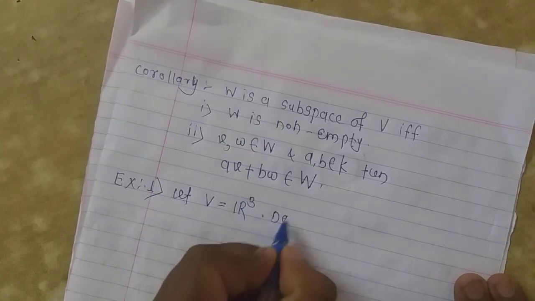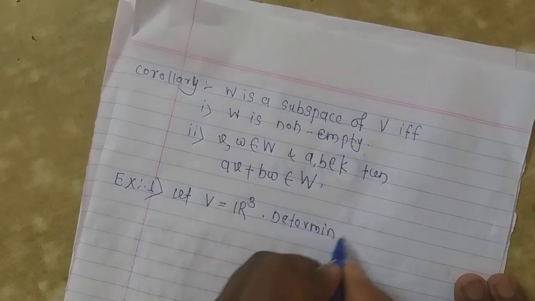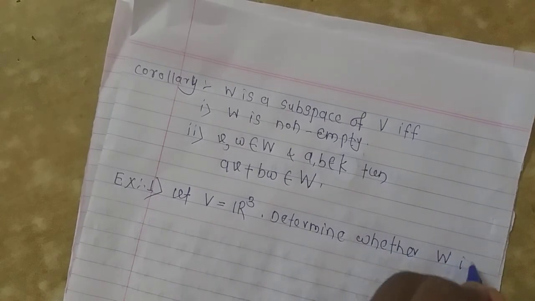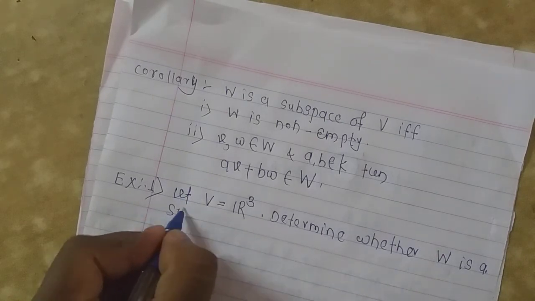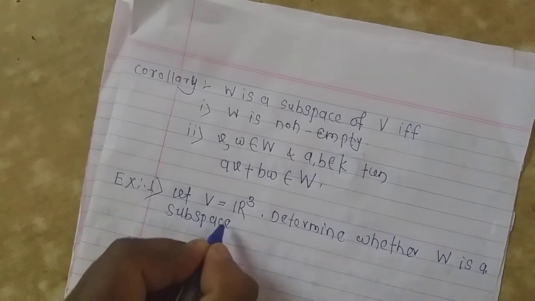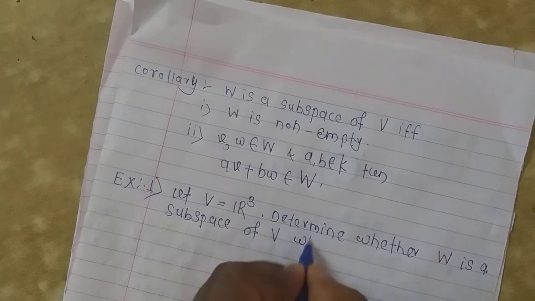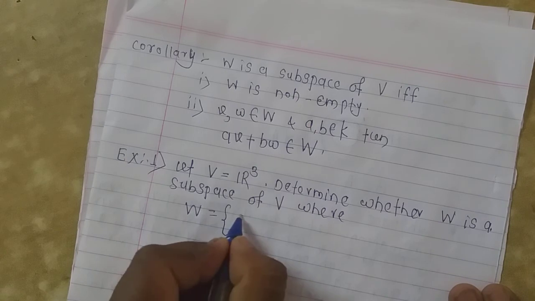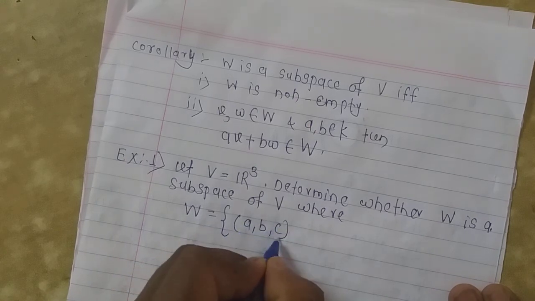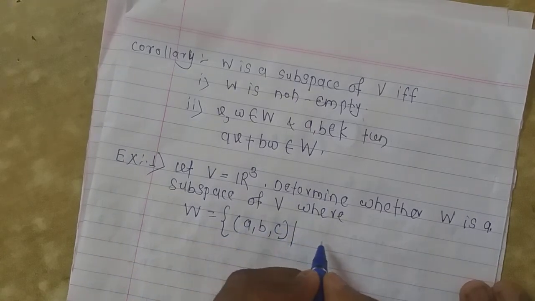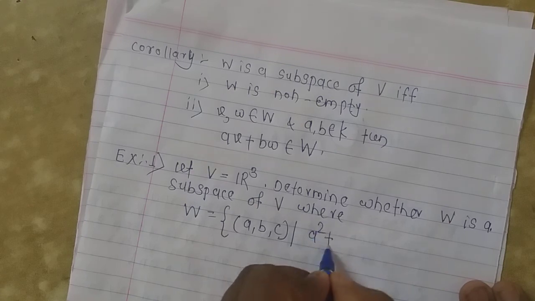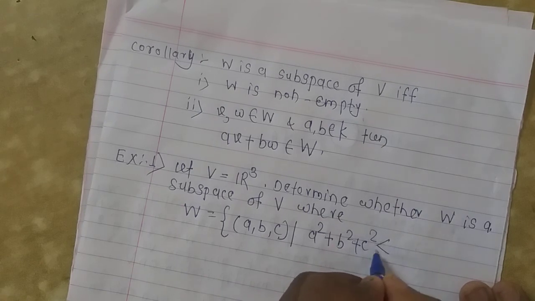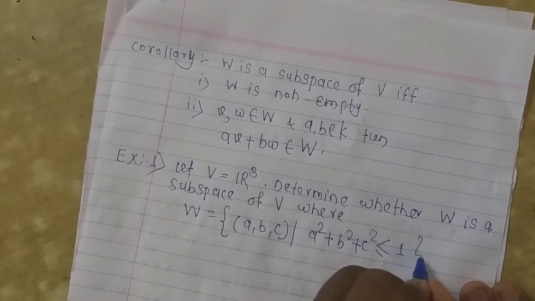Determine whether W is a subspace of V where W is equal to the set of (a, b, c) such that a square plus b square plus c square is less than or equal to 1.